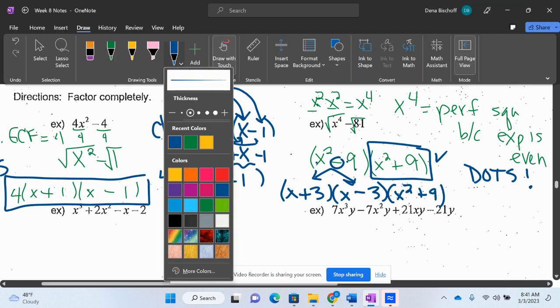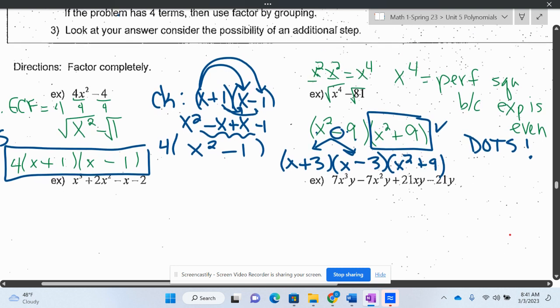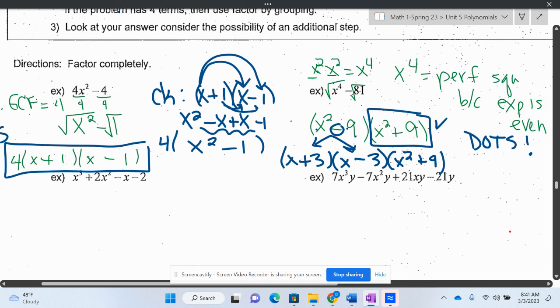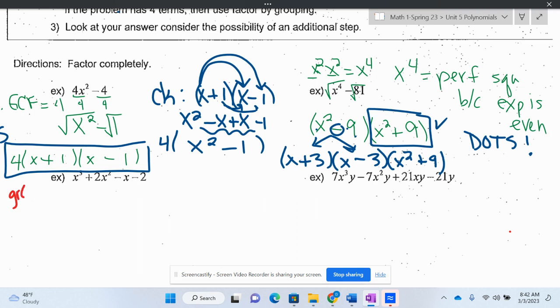Okay. The next one has 4 terms. What do we do when we have 4 terms? Factor by grouping. So this is a grouping. G-R-O-U-P. So x cubed plus 2x squared minus x minus 2.